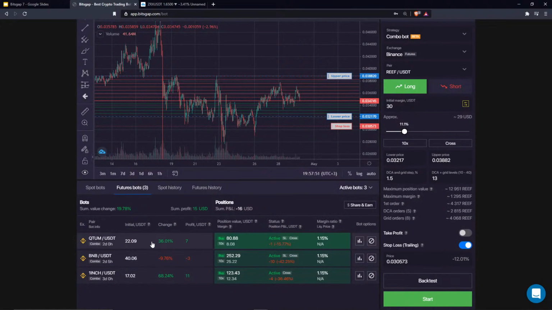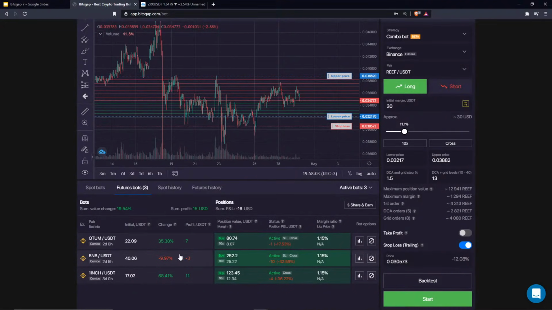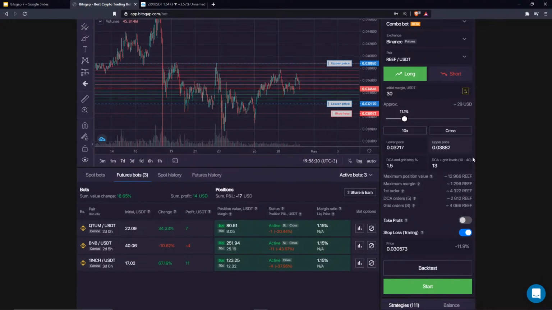But since you can launch more than one bot, let's say you launched some bots in cross margin mode and some in isolated mode. Those launched in cross mode share the whole margin balance. Those launched in isolated margin mode have a certain staked margin amount.